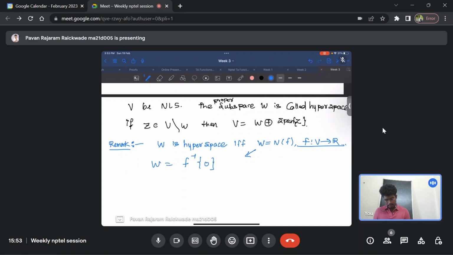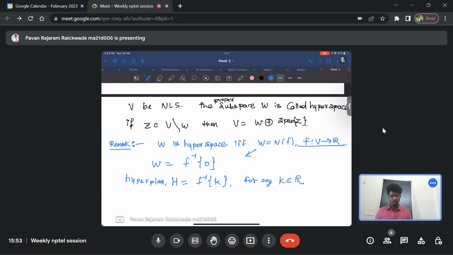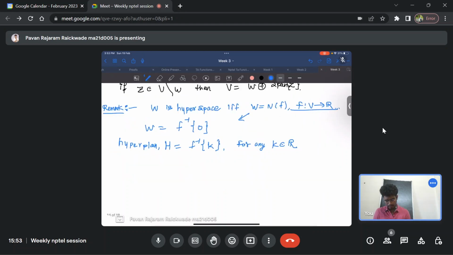So the hyperplane, I call it H, will be just f inverse of k for any k belonging to R. That's all, just translations of the hyperspace. So these are the hyperplanes.